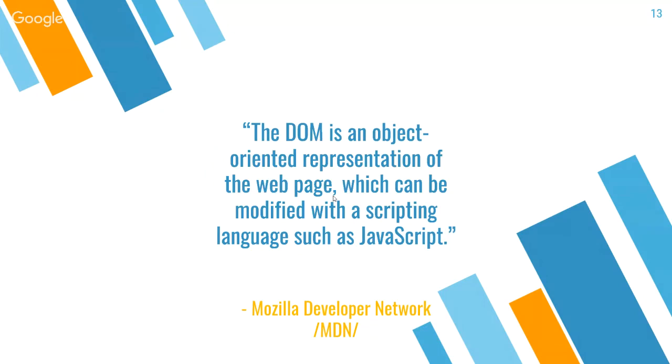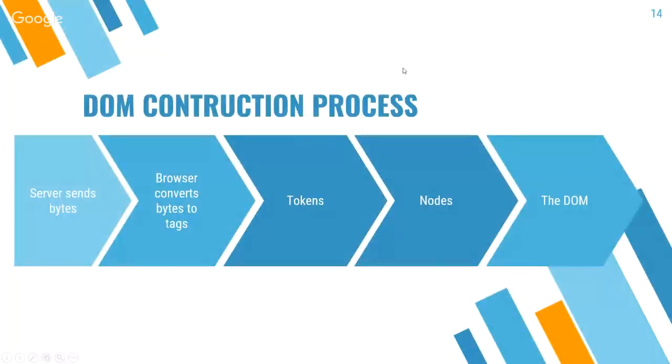Okay, now that we have some understanding of what it is, let's see how the DOM is actually constructed. When we want to see a website, what we do is send a request to some backend server somewhere, probably in another country most of the time.